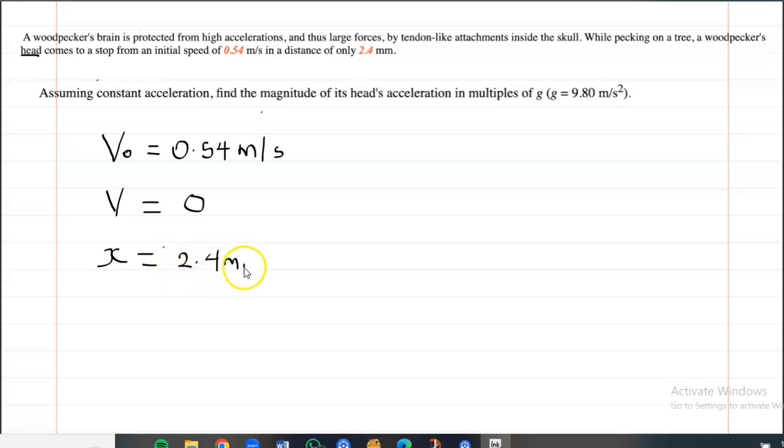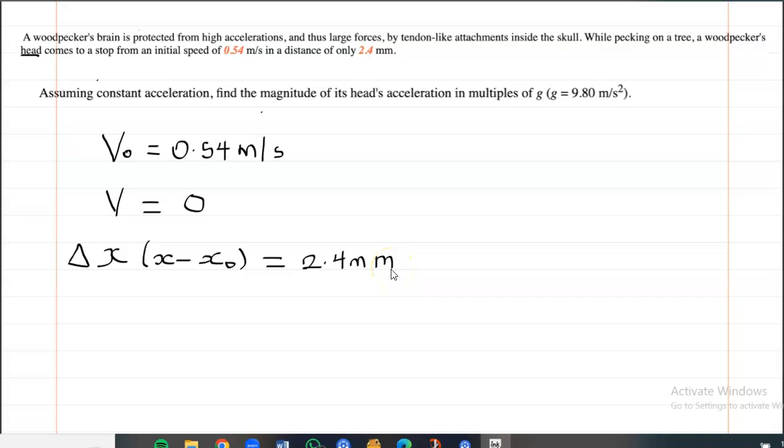So since it traveled a distance of that, it means our change in x, which is our x minus x naught, is 2.4. So we can just put that change in x, which is x minus x naught, right, is equal to 2.4 millimeter.